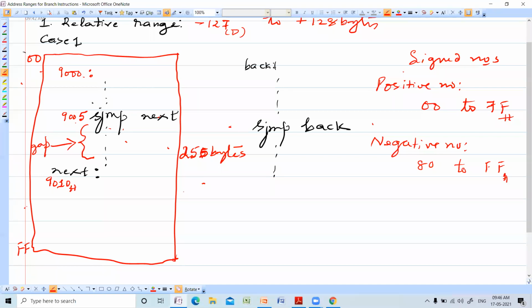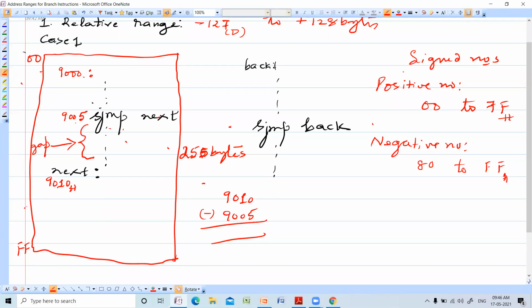In the first case, 9010 minus 9005. Hexadecimal it is, mind it. So 0 minus 5 is not possible. Take a borrow.